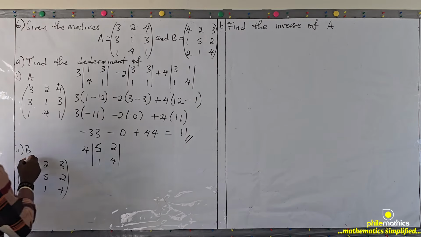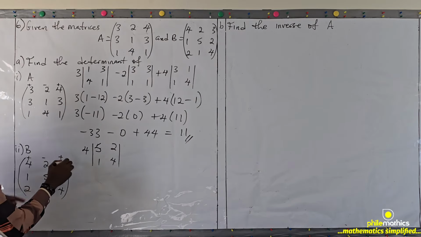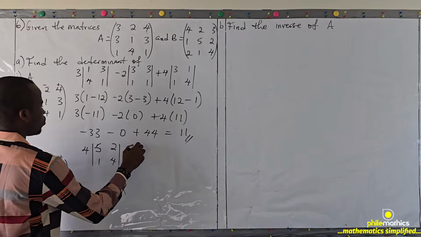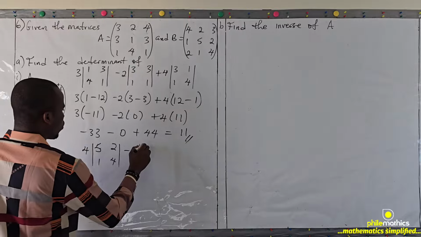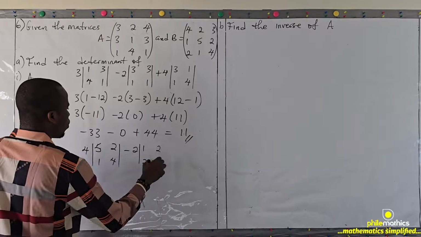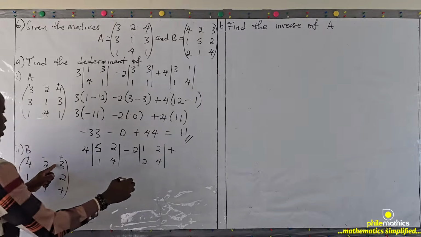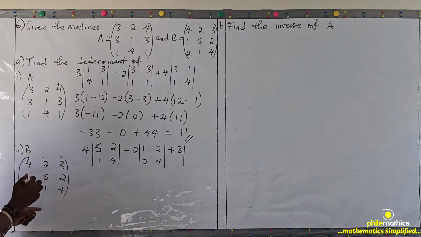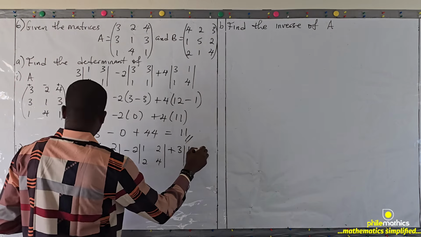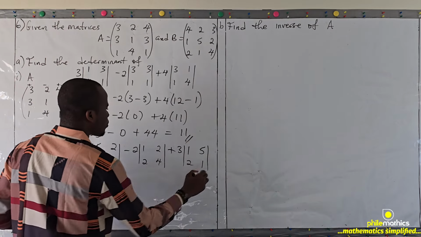Next, this is plus, minus, plus. So minus 2, determinant of what is remaining if we delete this, 1, 2, 2, 4. Plus 3, determinant of what is remaining, this and this, 1, 5, 2, 1.